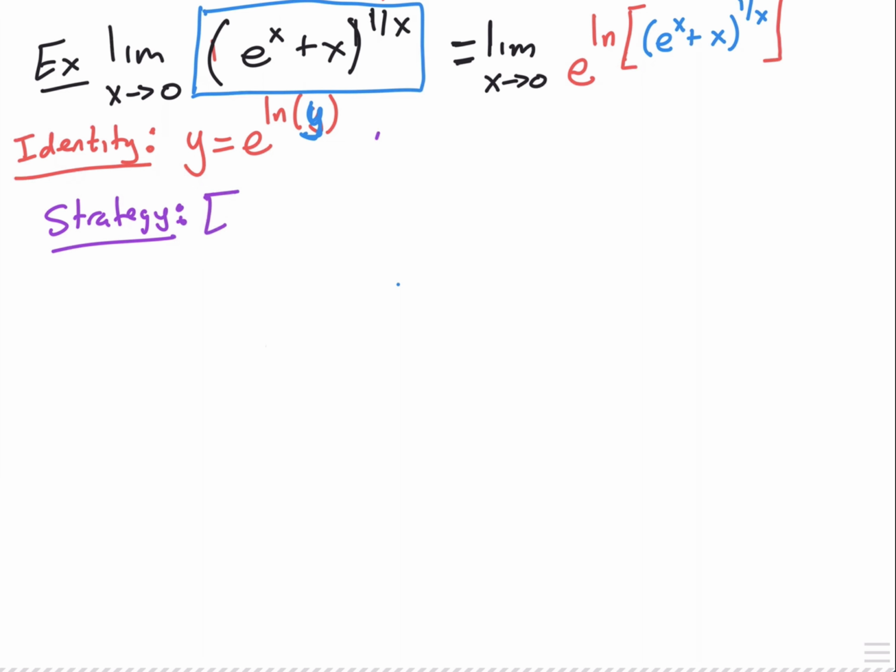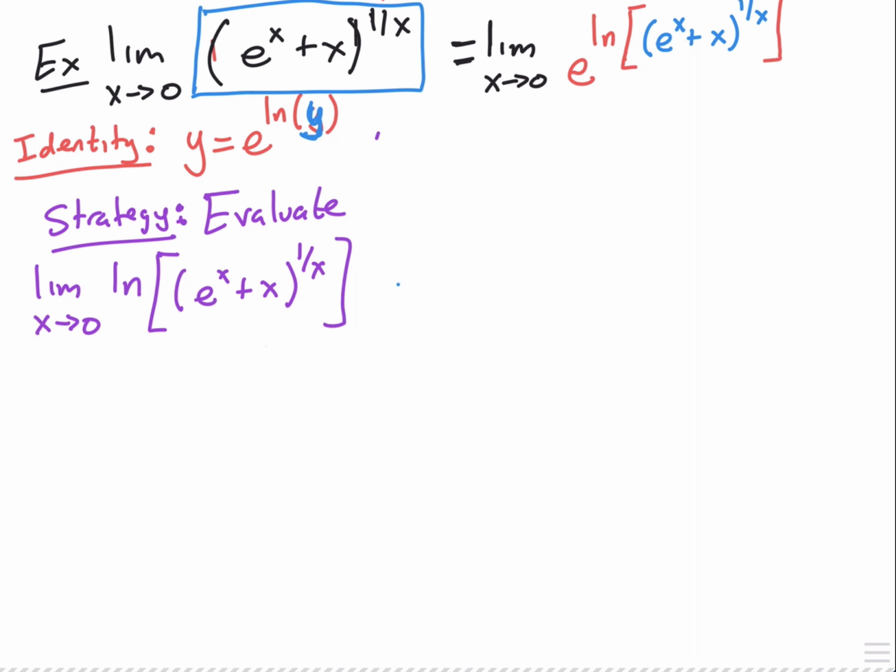What we're going to do is evaluate the limit as x approaches 0 of the natural log of (e to the x plus x) to the 1 over x.